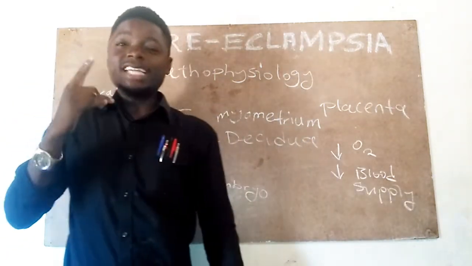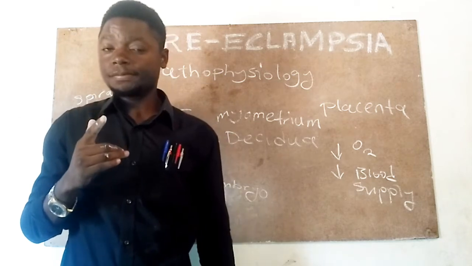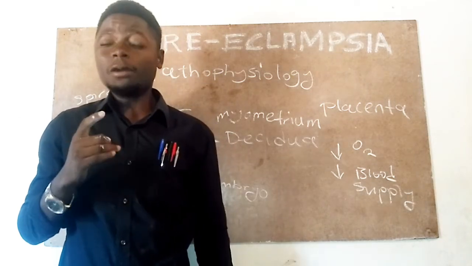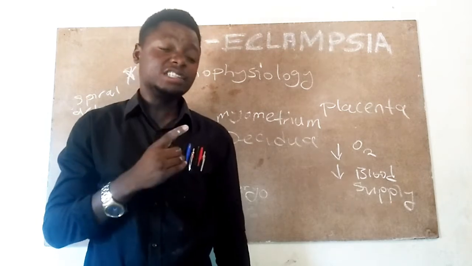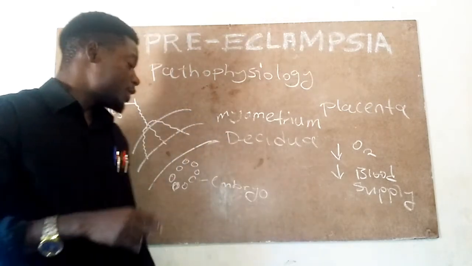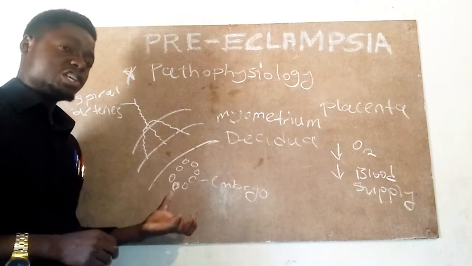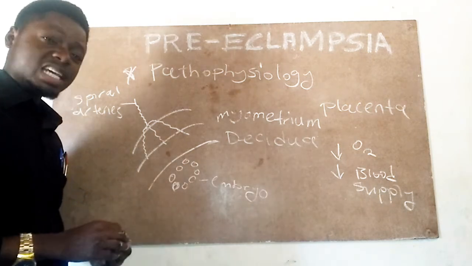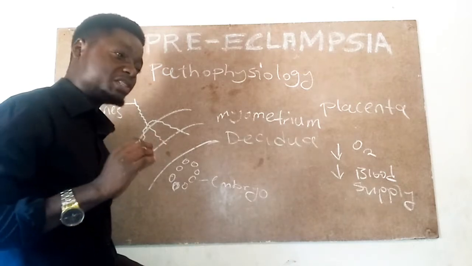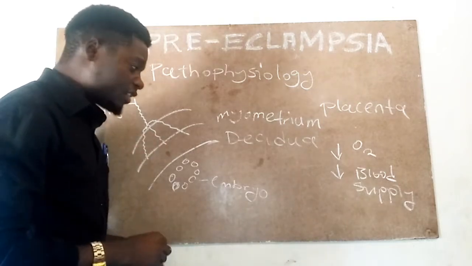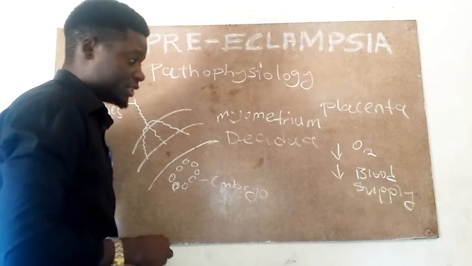Now, does the placenta respond? Well, of course, the placenta is supposed to respond. But how does the placenta respond to this situation? Because there is going to be placental ischemia. The placenta is going to respond by releasing certain chemicals into the mother's circulatory system, and those are the inflammatory proteins.